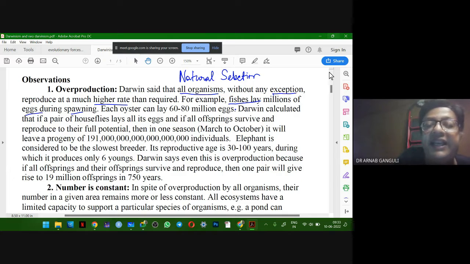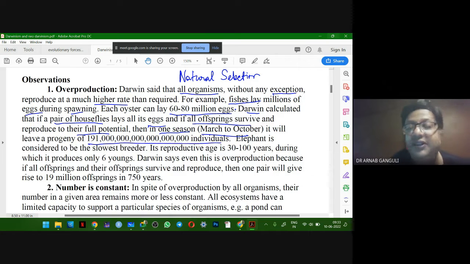And oysters lay up to 60 to 80 million eggs. He also calculated that if a pair of houseflies lays all its eggs, and if all offspring survive and reproduce to their full potential, then in one season from March to October, it will have a progeny of so many individuals. Do you see so many flies? You don't.